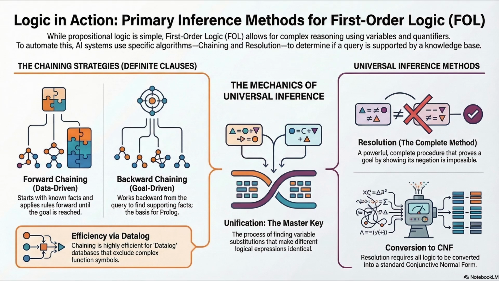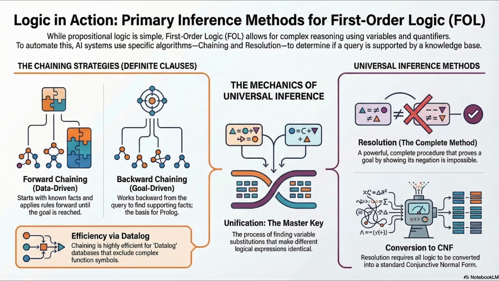But, and this is the part I really struggled with when reading the notes, why is this hard for a computer? If I say all greedy kings are evil and John is a greedy king, why doesn't the computer just get it? Because the computer sees the rule as all greedy kings X are evil. And then it sees the fact John is a greedy king.